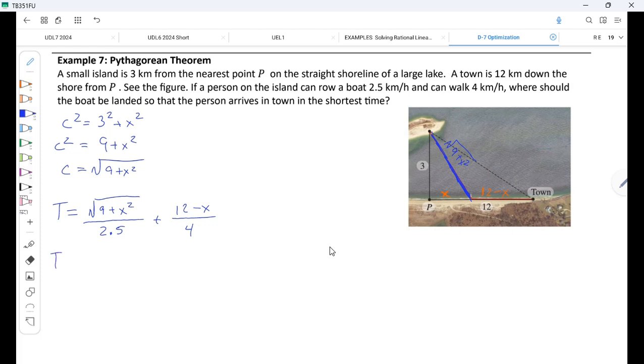So t prime is going to be 1 over 2.5 times the derivative of the function in the numerator, root 9 plus x squared. What rule do I have to use? Chain rule. Find the argument. The argument is 9 plus x squared, which is just 2x when you take its derivative.